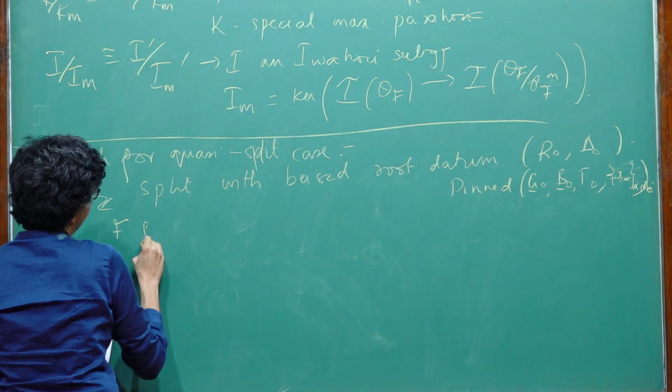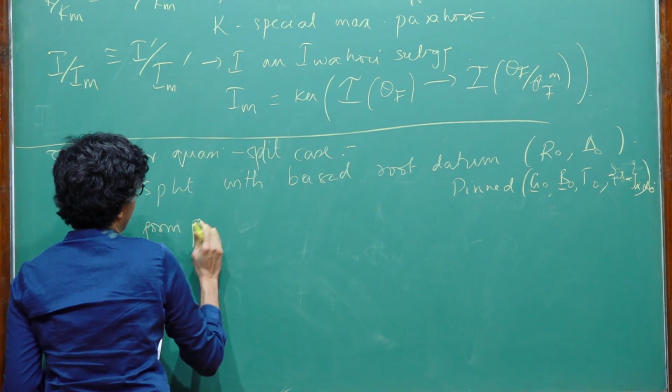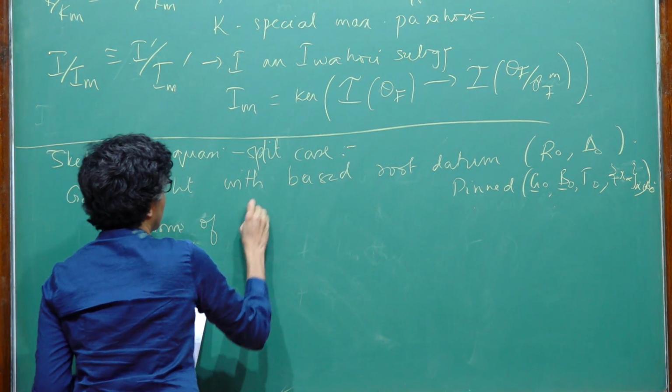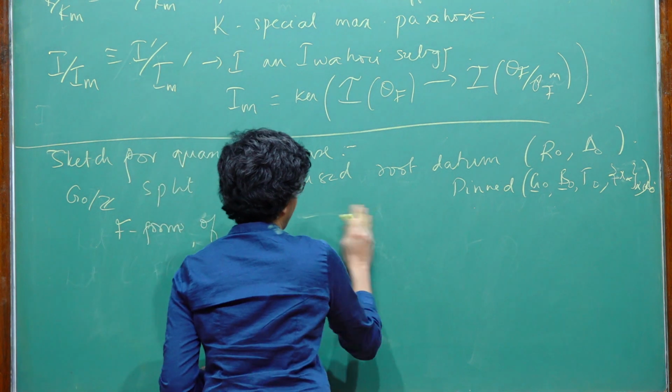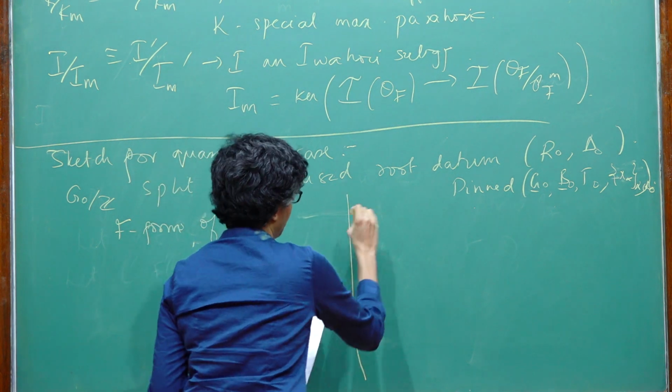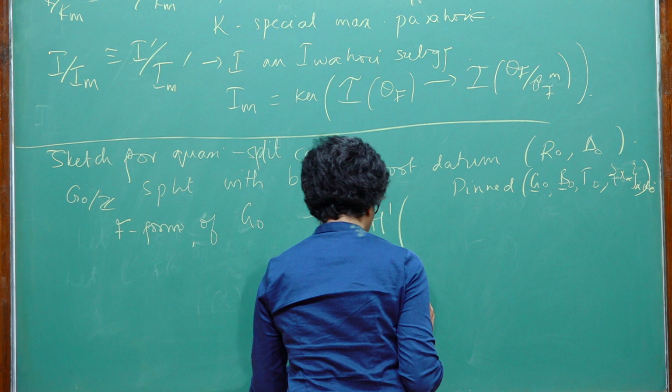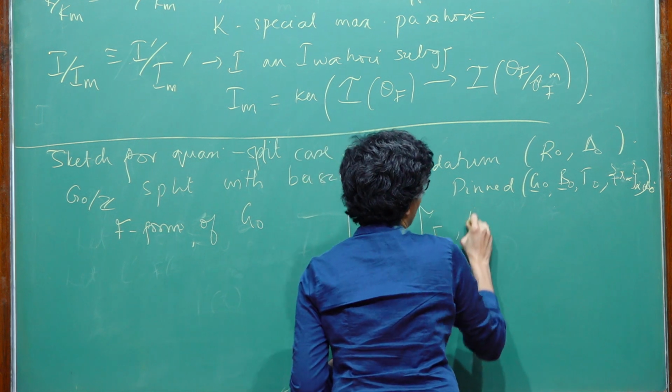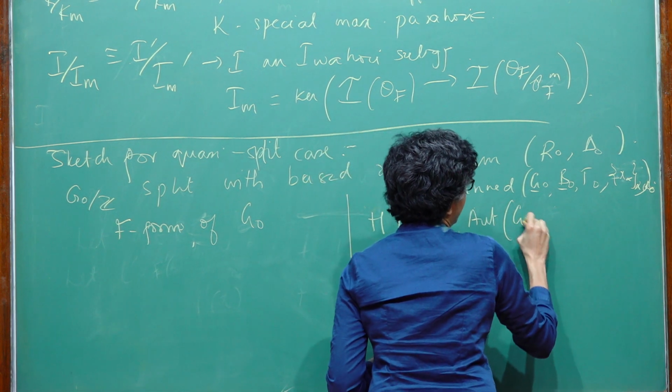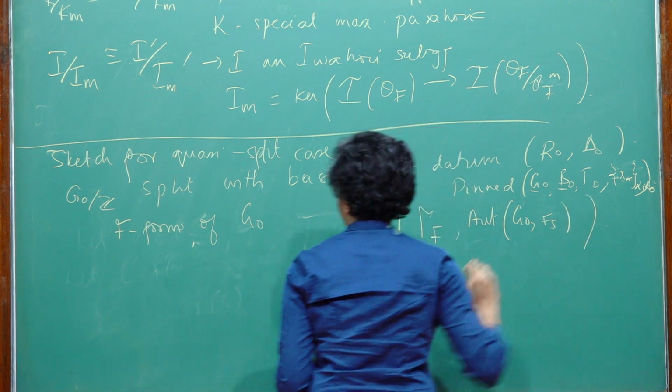And then we know that the F forms of G0 are parameterized by the pointed cohomology set H1 of Gamma F and Aut of G0 over F separable closure, right?